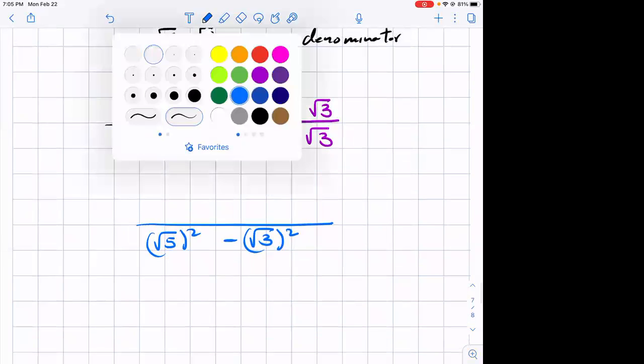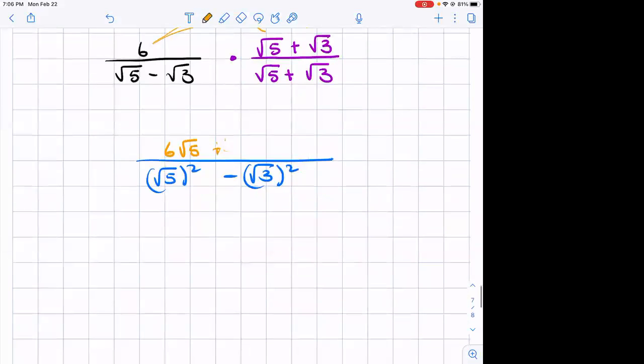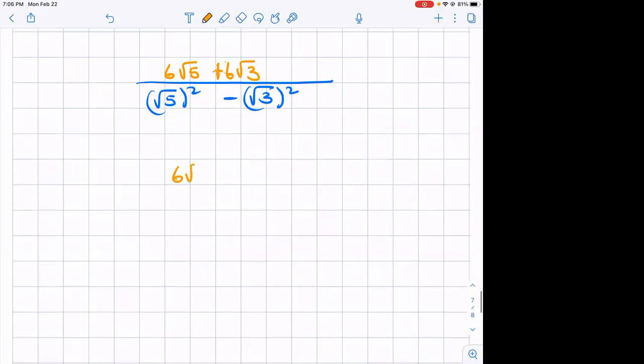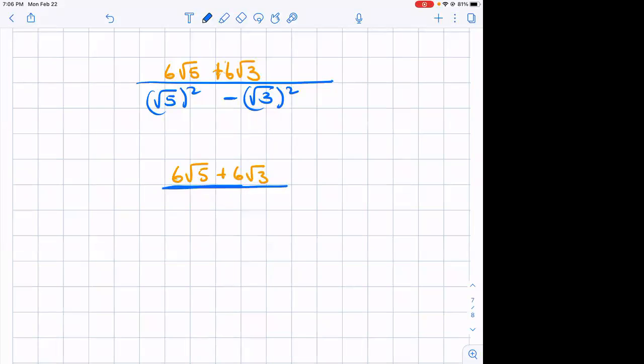In the top, if we multiply this out, so 6 times root 5, okay, becomes 6 root 5, and 6 times root 3 becomes plus 6 root 3, okay? So the top stays the same, but the bottom becomes the square root of 5 squared is 5 minus the square root of 3 squared is 3.